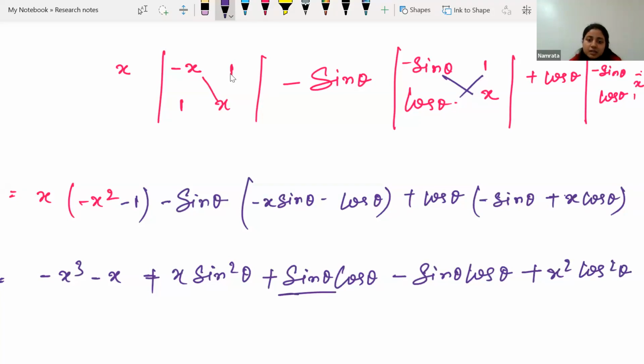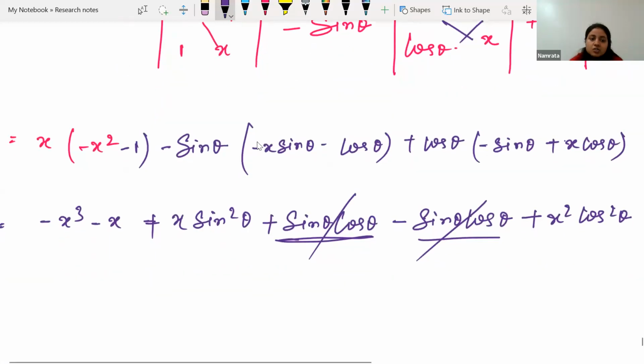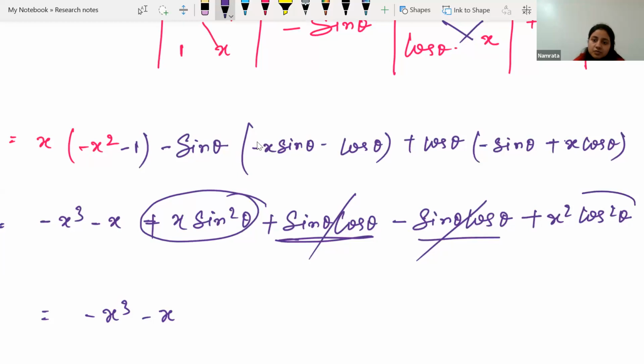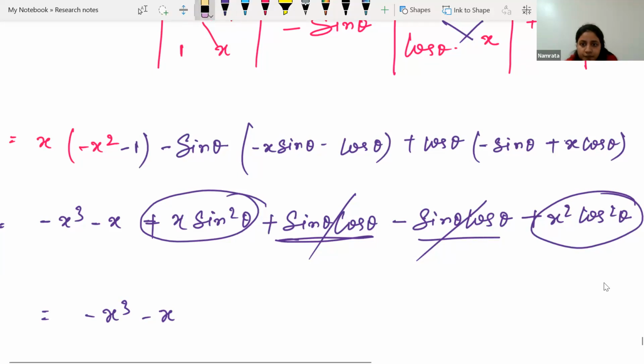Here we can see minus plus sine theta cos theta and minus sine theta cos theta cancel each other. So we are left with minus x cube minus x, this one and this one. Wait, am I missing anything? X square, how I have written it will be only x.